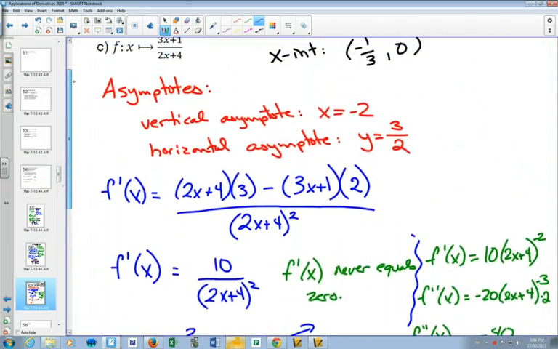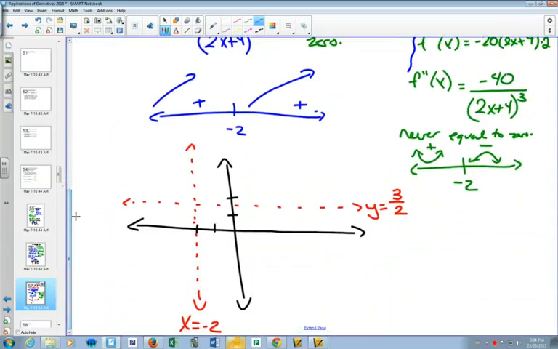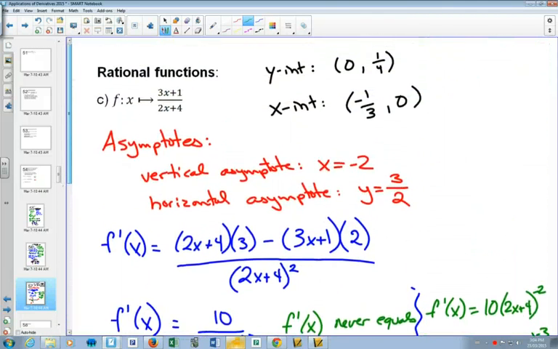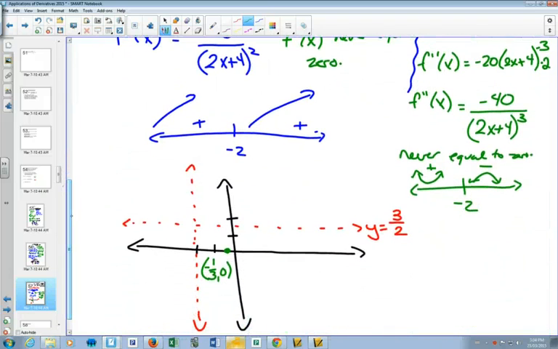And horizontal at 3/2. Labeling our 2 points with -1/3, 0, and 0, 1/4.